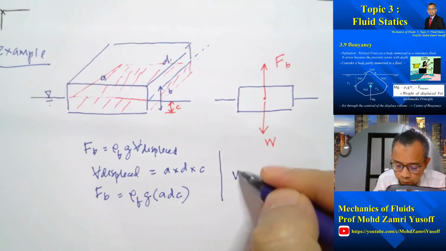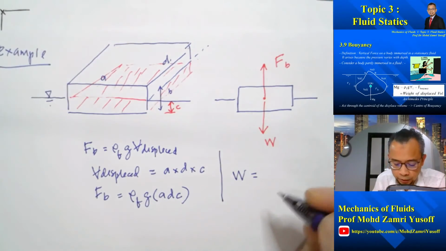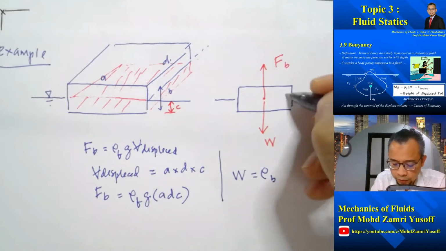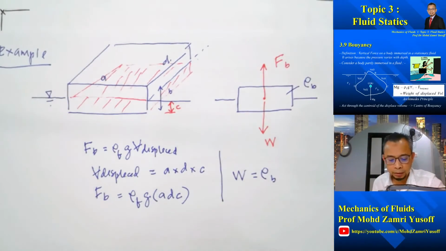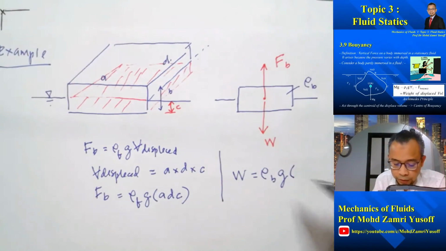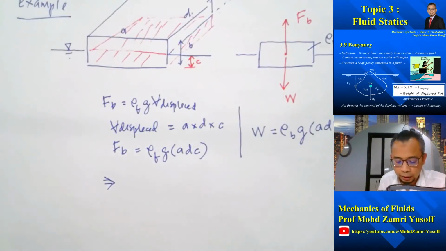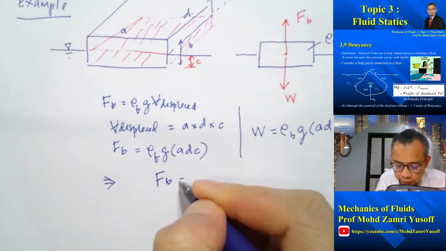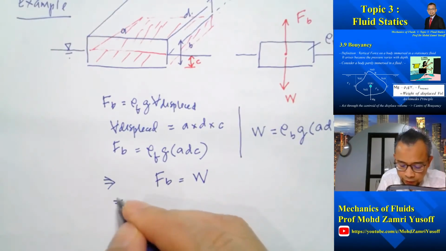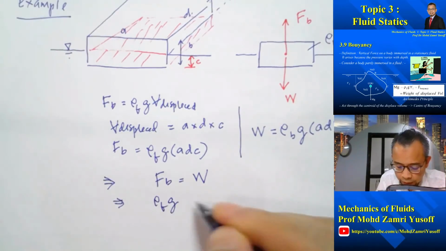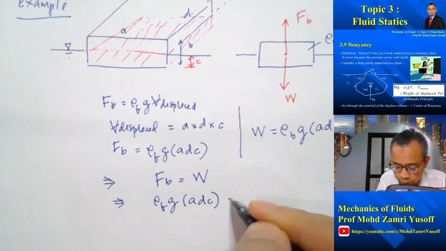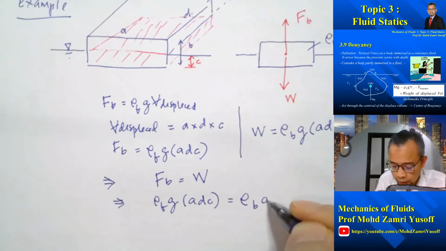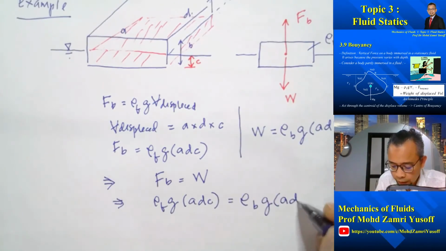The weight is equal to rho_body, since the body has density rho_b, g multiplied by the total volume, which is A D B. So we can write an equation which says that buoyancy is equal to W. So rho_fluid g A D C must be equal to rho_body g A D B.